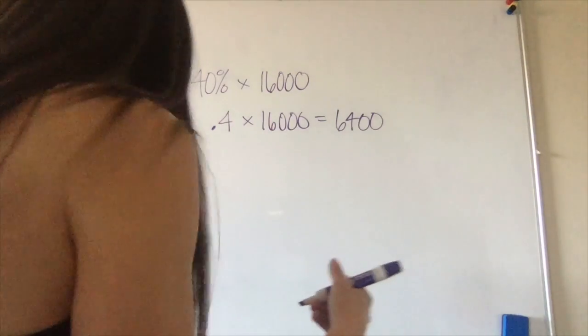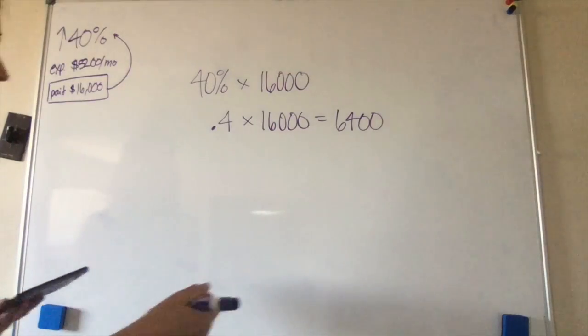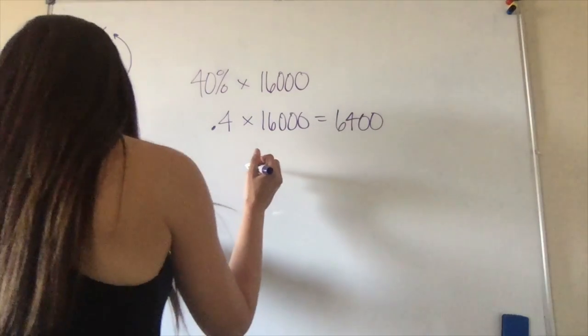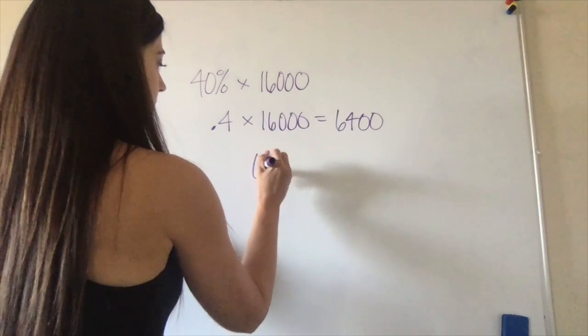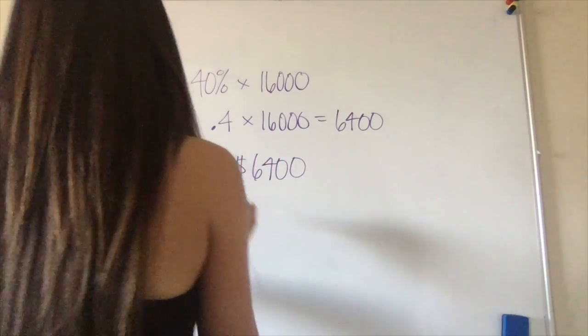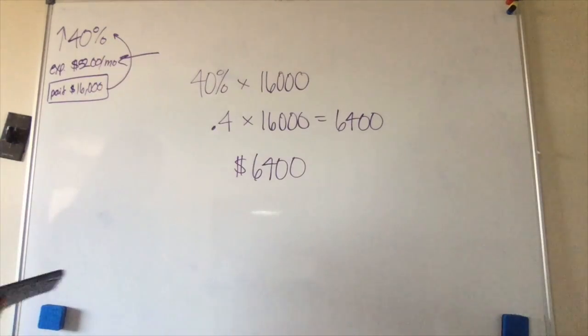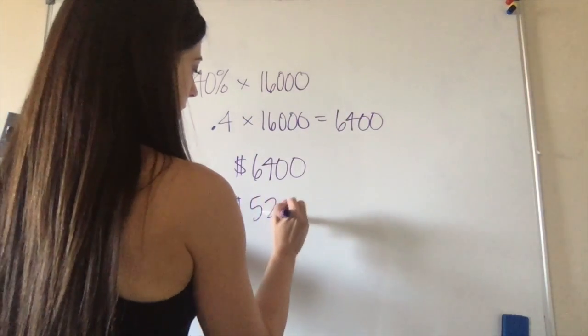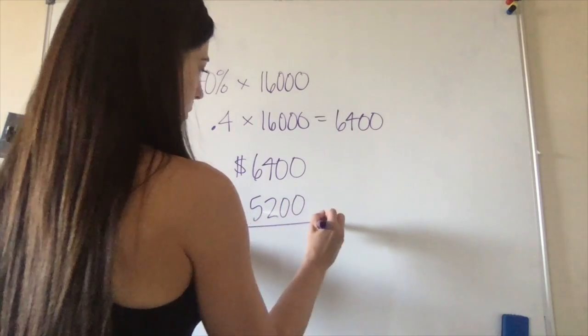That would have been her markup, or her profit margin on the goods. So she has $6,400 in profit on that $16,000 worth of goods. But then what were her expenses? She had to spend $5,200 a month on lights and rent and employees.